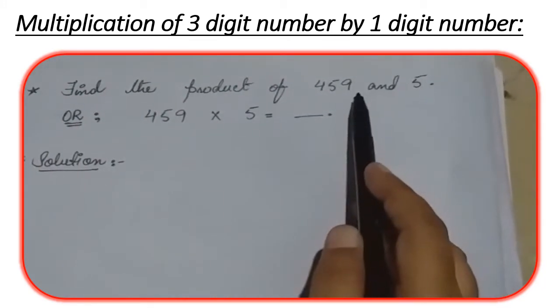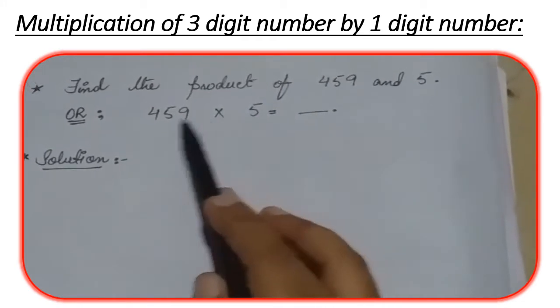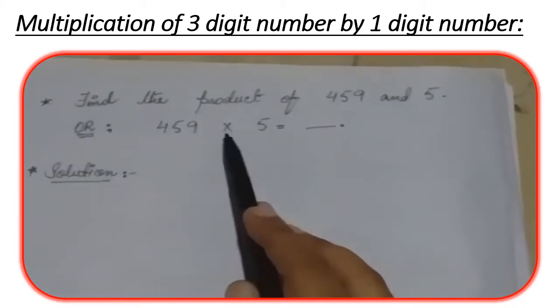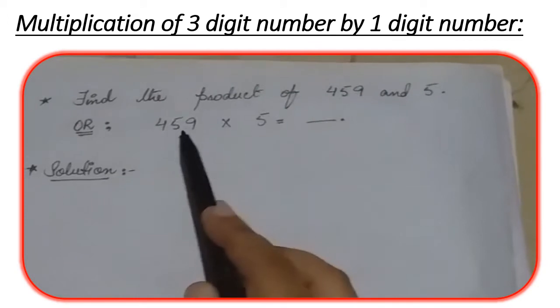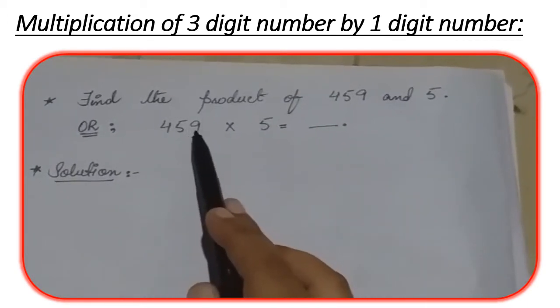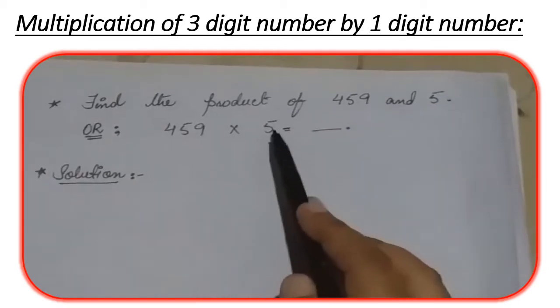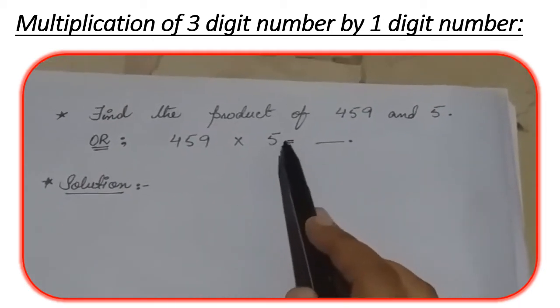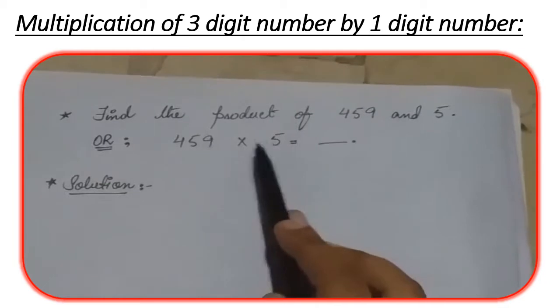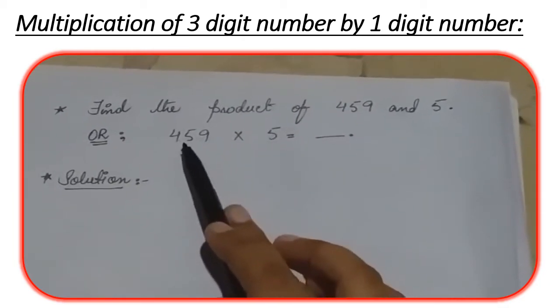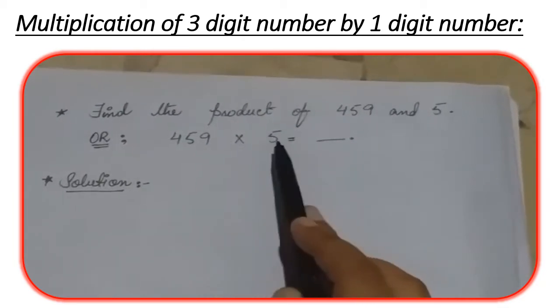This question may be given to you in this form: 459 multiplied by 5 is equal to dash. In this example, 459 is the multiplicand in which we have 3 digits. 5 is the multiplier in which we have 1 digit. So this is the multiplication of 3 digits by 1 digit.